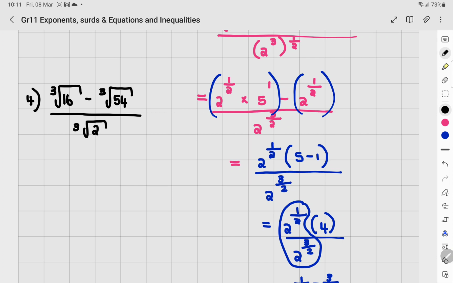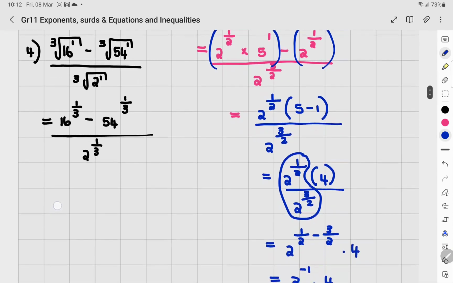Okay, and then I just changed number 4 just to have the cube root as well, so that we've got an example of that. So then I'm going to take my cube root away, which is 16 to the power inside over outside, which is a third, minus 54 to the power also 1 over 3 is also a third, and 2 to the power inside over outside, also a third.